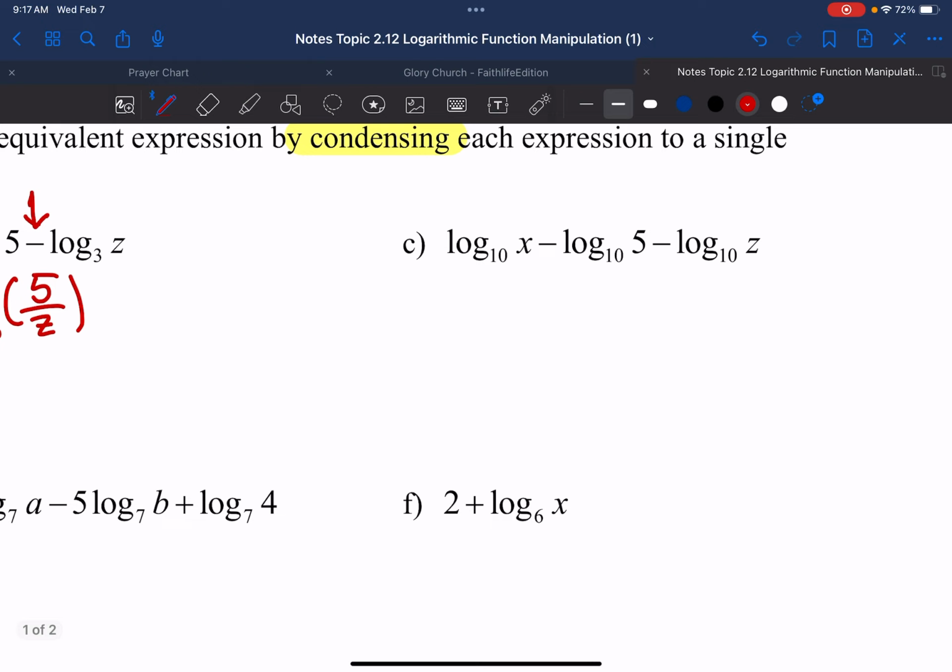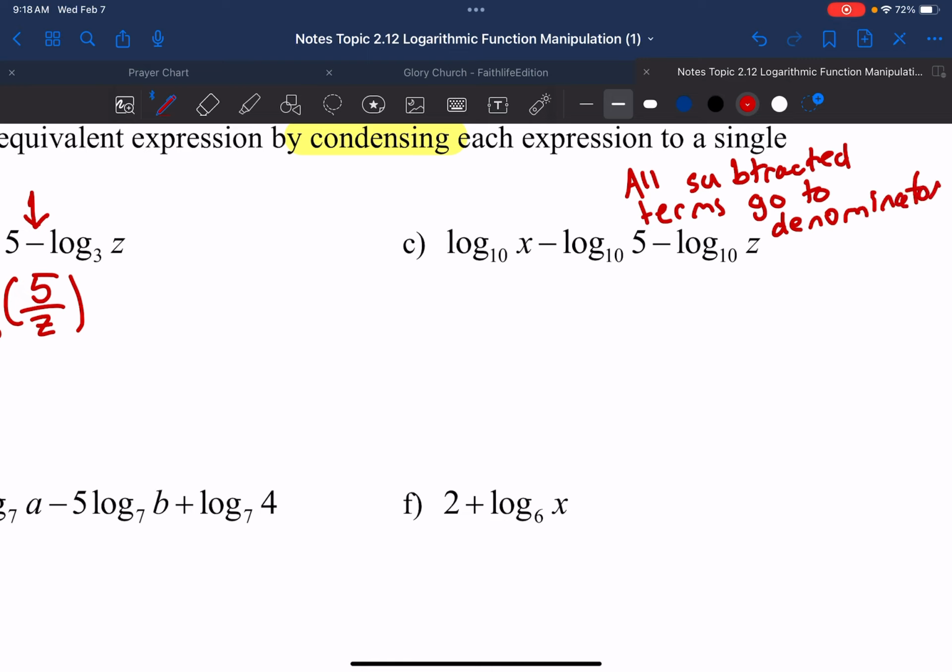And then for C, I can look here, and what I have is two subtractions. This is something we've not looked at yet. Basically, what I would say is take care of any addition first, and then all of the subtracted terms go to the denominator.